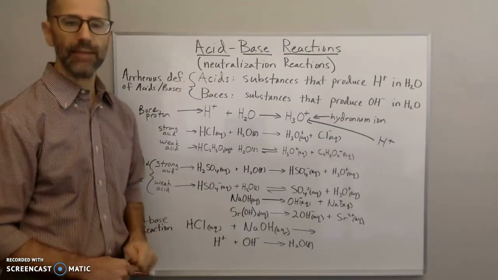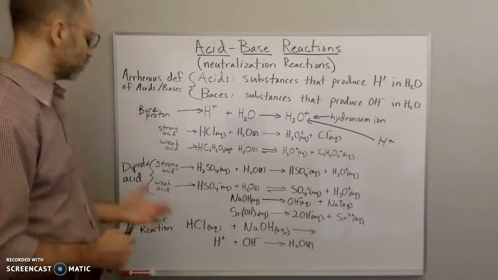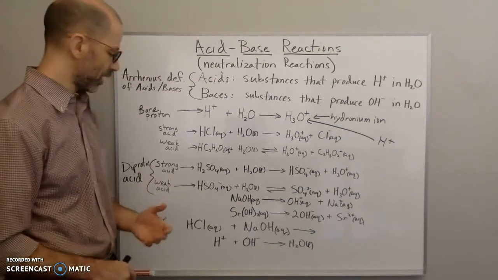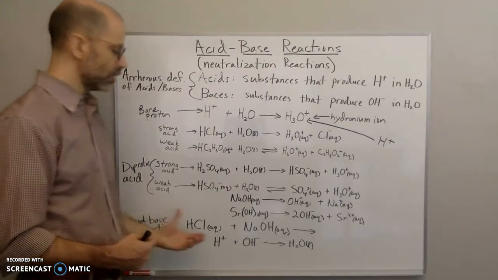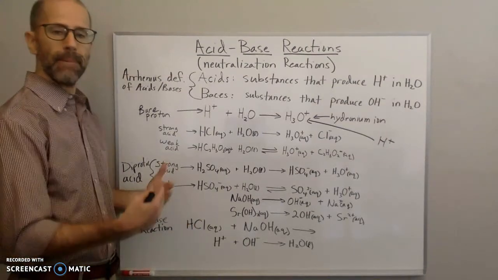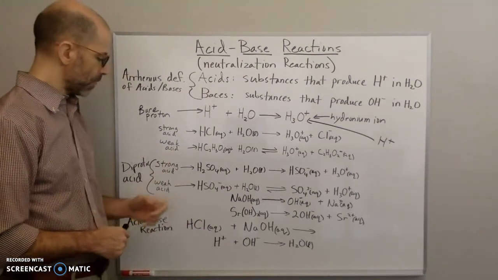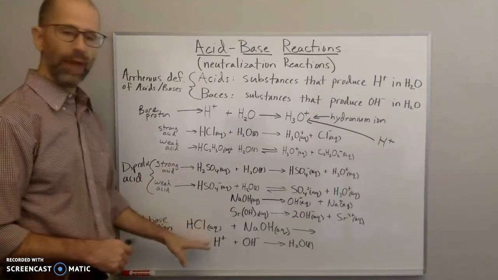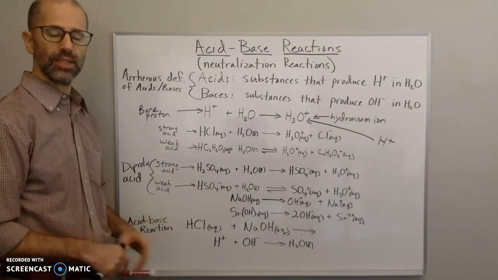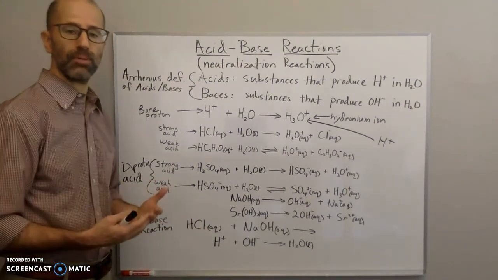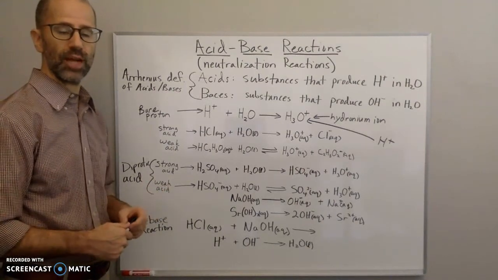Okay, well, what about acid-base reactions? Well, acid-base reactions or neutralization reactions are reactions where you are reacting a base and an acid together. So the way you do acid-base neutralization, you can also predict the products like you did with a precipitation reaction.